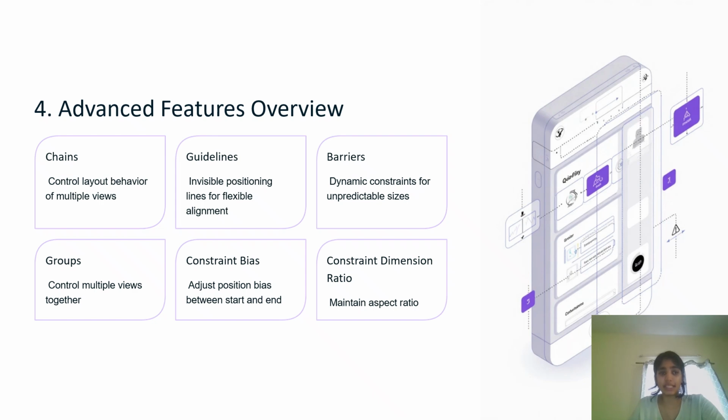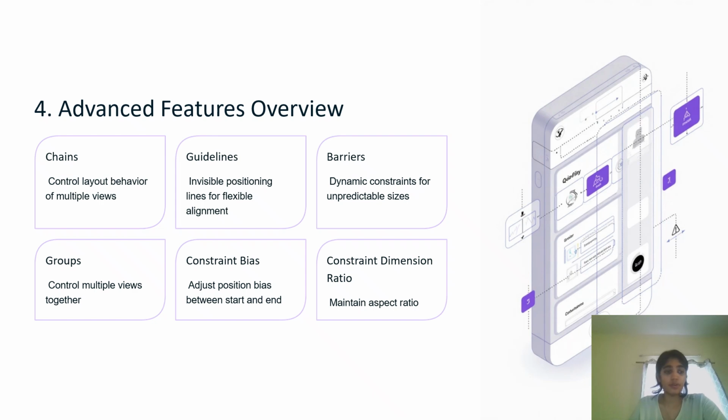First, what is meant by chain? Chain is used to arrange multiple views in a row or column with equal spacing. Guidelines are invisible lines used to align multiple views easily. Barriers are dynamic references that adjust automatically based upon the size of other views.